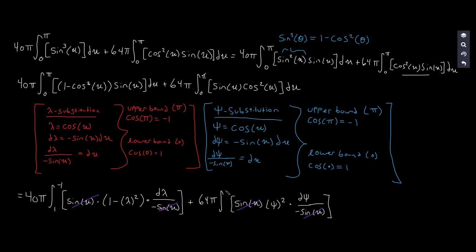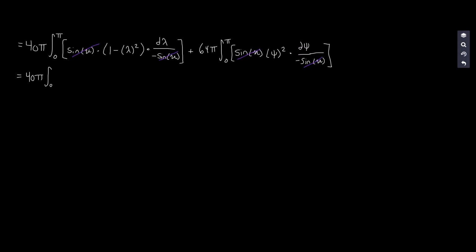The new upper bound here is the same thing, -1, and the new lower bound is 1. Apply that over here. This is actually really important. This makes all the difference. We would have gotten the wrong answer if we didn't do this.